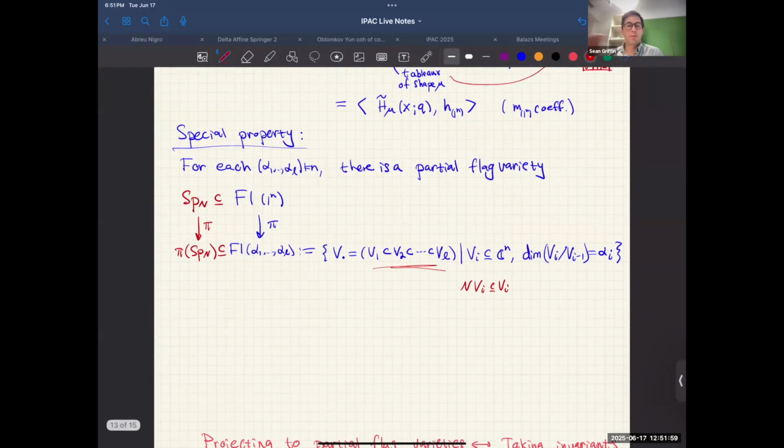And then this projected version tells you information about the invariance.